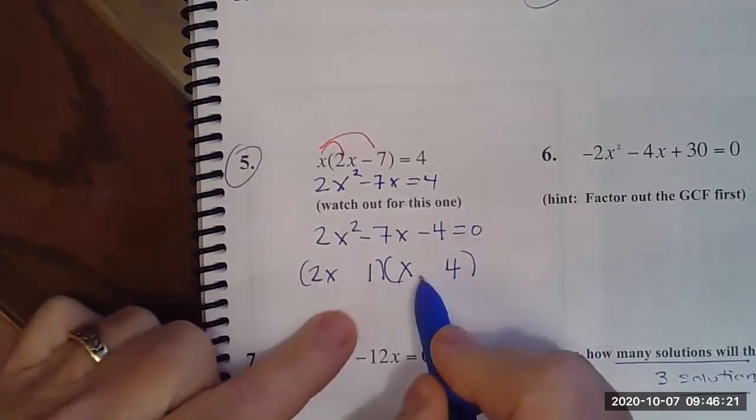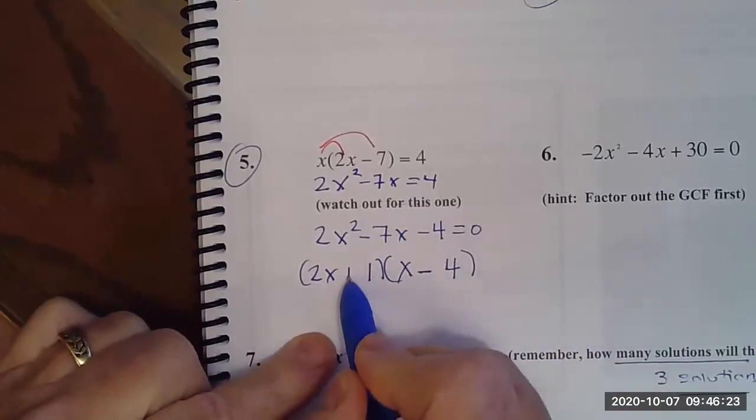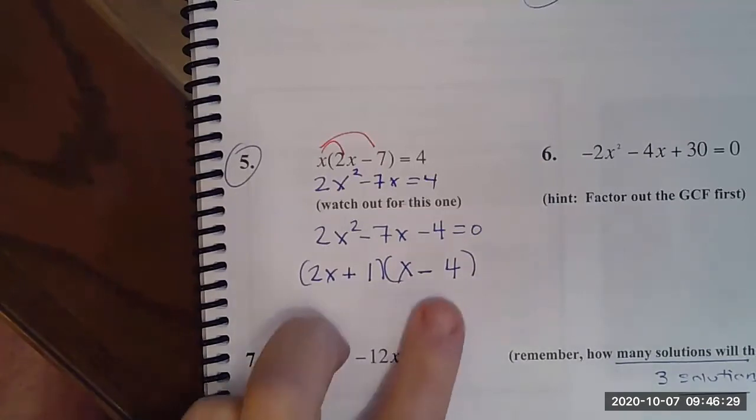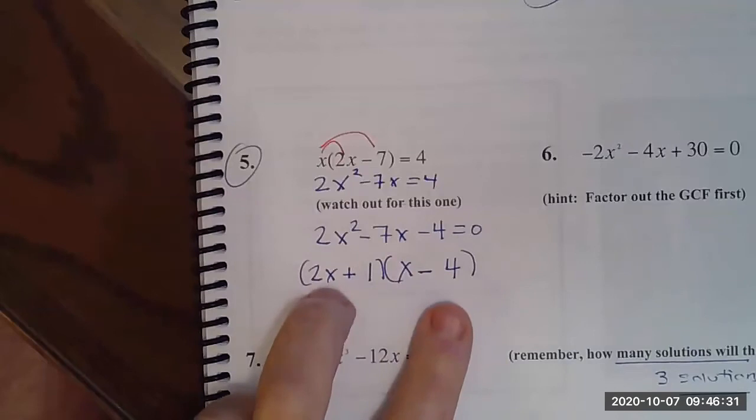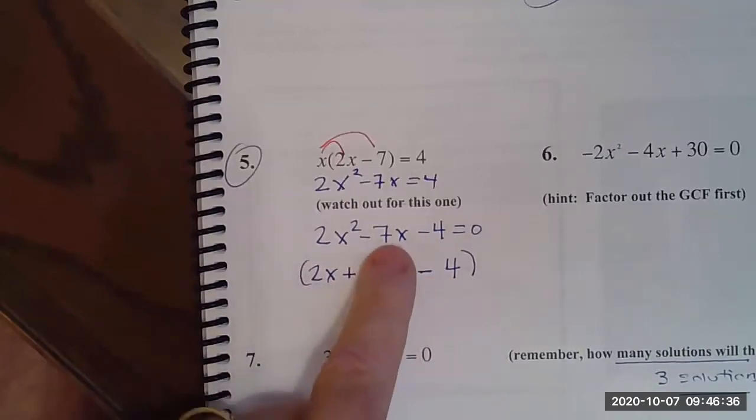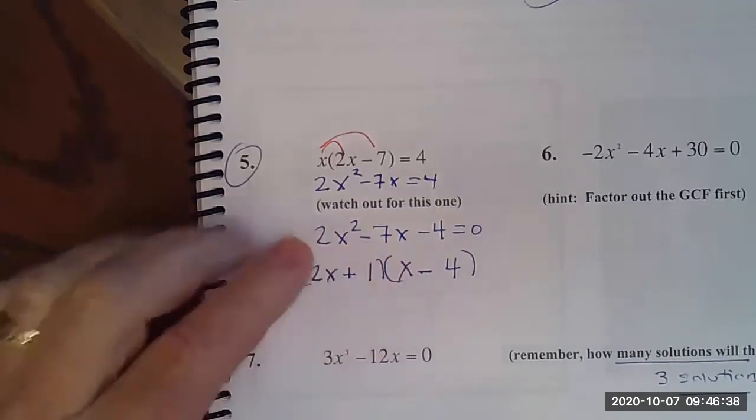But I need it to be negative. So here's the negative, there's the positive. I think I did it right, but I'm going to check to make sure. Inner, outer, inner, outer. 1 minus 8 is negative 7. Looks good.